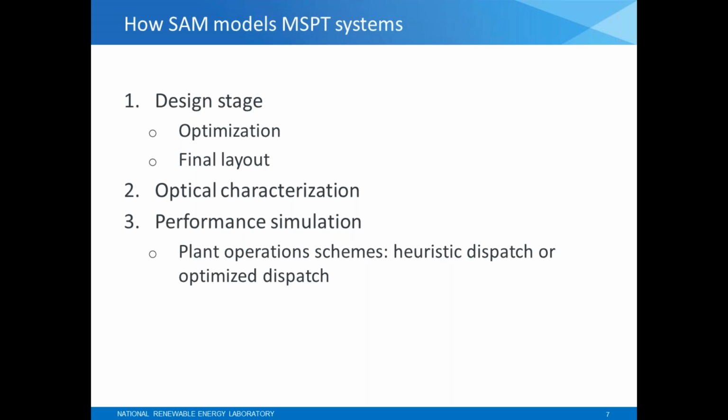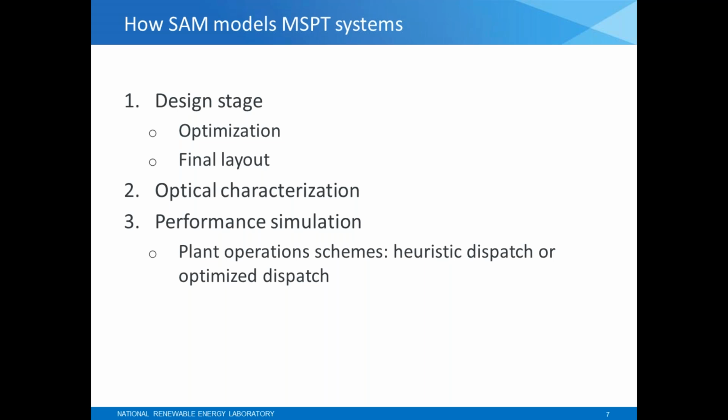Then the third step, which is kind of tied with the second step, is the performance simulation, and this is really the heat transfer and thermodynamic evaluation of the system over time. One thing that we'll talk a little bit more about at the end here is the operation schemes that are involved. So typically if you're running SAM, you're using what we've started to call the heuristic dispatch.